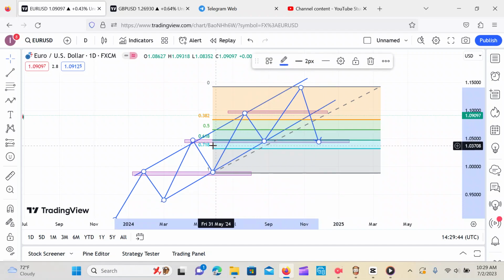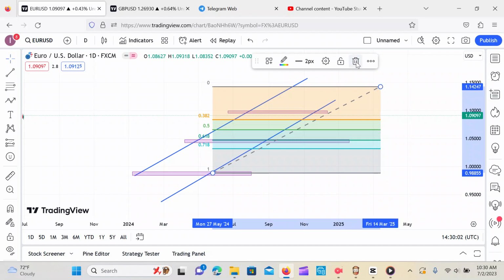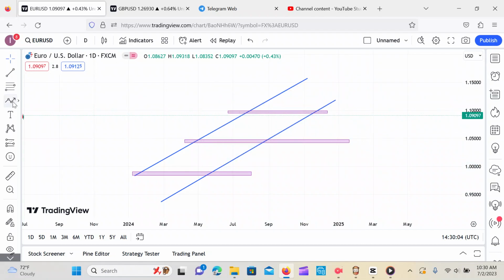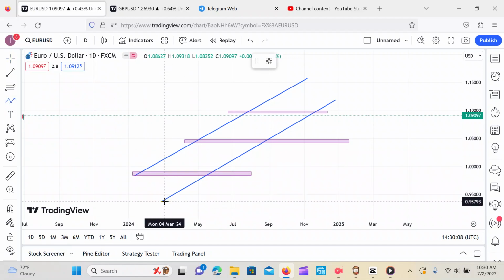So if your Fibonacci 61% is at the same level as your support and resistance rectangle line, then that is another good confirmation. Then you take out this Fibonacci retracement.